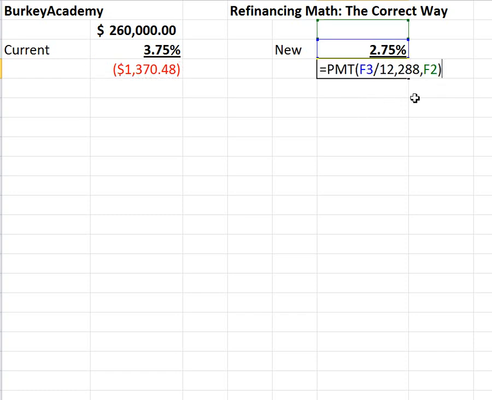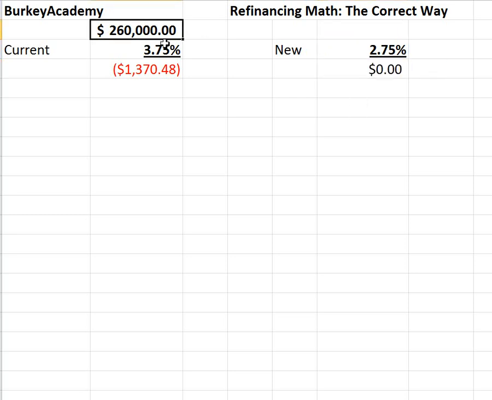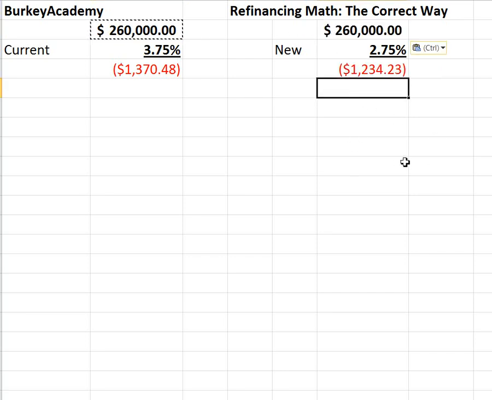The problem we have here, it changed from looking at this 3.75 interest rate to this 2.75, just like what we wanted, but I don't have the principal amount of $260,000 up here. So let me copy that and paste it over here, and it updated the formula for us. Great. Here's where the wrong calculation is. The wrong calculation is to say, well, if I refinance my mortgage, then my payment will go down.